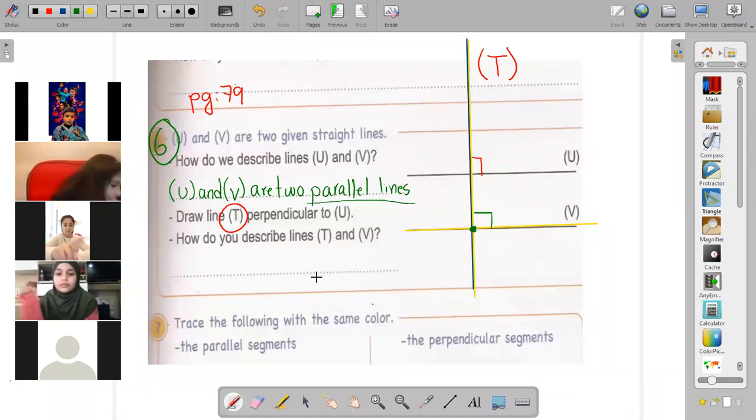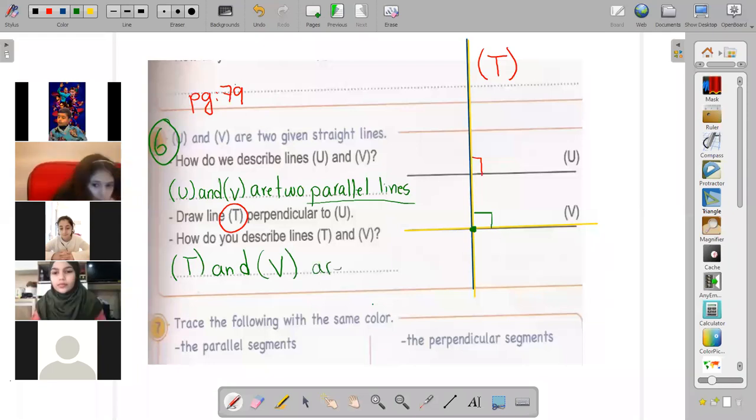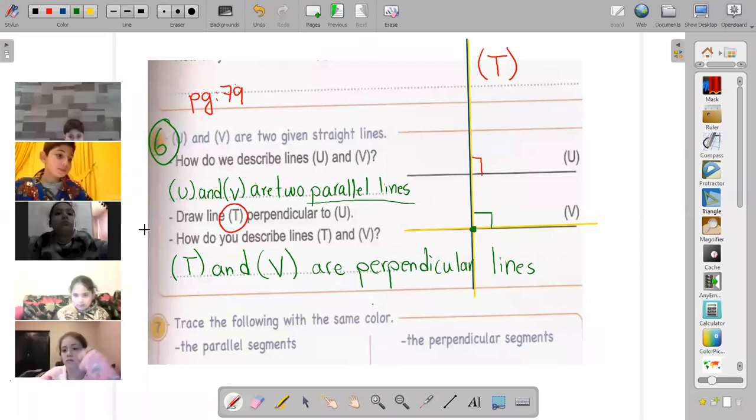When I say perpendicular, it means they are already intersecting. But when I say just intersecting, it doesn't mean that they are perpendicular. So we have to say T and V are perpendicular lines. I can't say intersecting. Is it clear why I can't say intersecting?